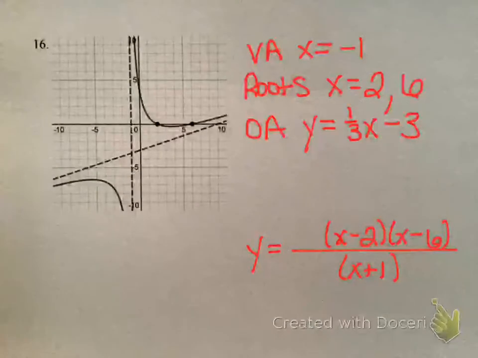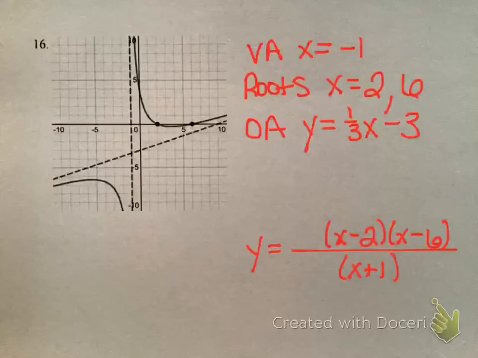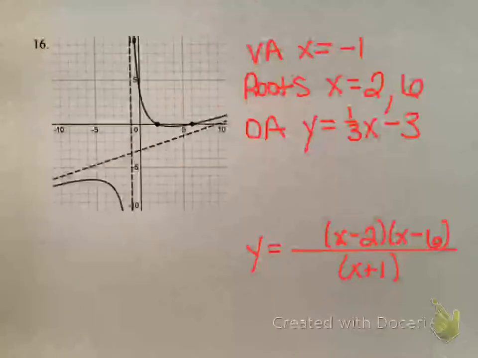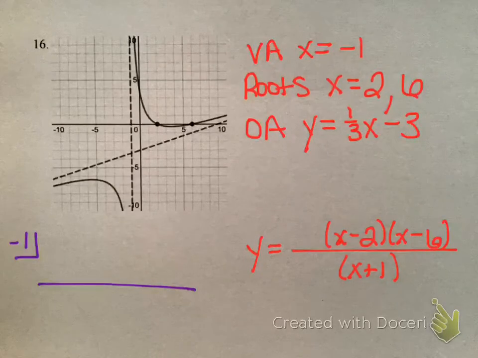If I was going about this the other direction, the way that we did most of our problems, I would have set up a synthetic division problem with -1 in the box, the coefficients for the quadratic to the right, and the equation for my oblique asymptote as my answer down at the bottom.